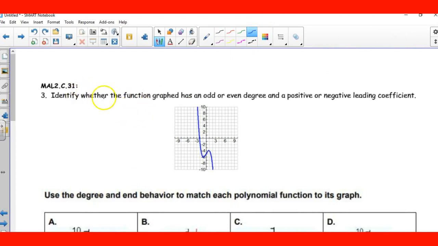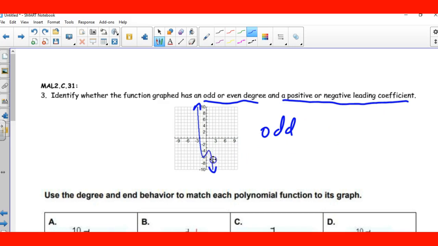Now let's look at this graph. First of all, it says identify whether the function graph has an odd or even degree. Guys, see how the endpoints are in different directions? That tells us that it has an odd degree. Odd degree functions end in different directions. Remember, even degree has endpoints in the same direction. Now it says a positive or negative leading coefficient. We look at the right side.